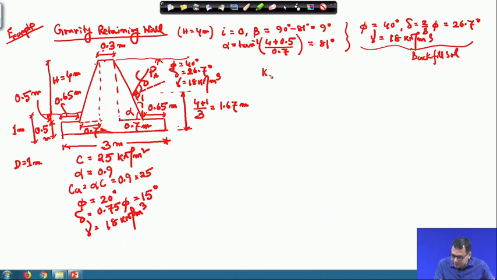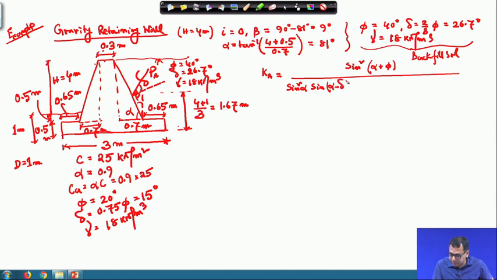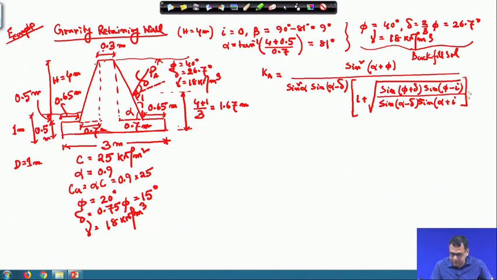I have to calculate K A, and the K A expression is given: sin square of alpha plus phi, divided by sin square alpha sin of alpha minus delta, into 1 plus root over sin of phi plus delta, sin of phi minus I, over sin of alpha minus delta and sin of alpha plus I, that whole square.